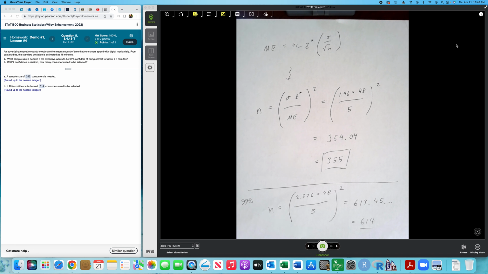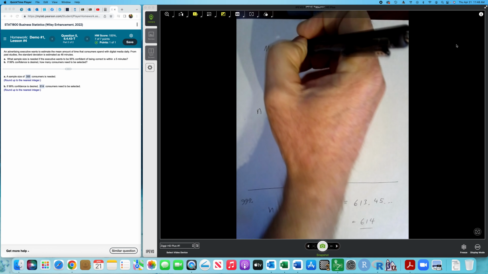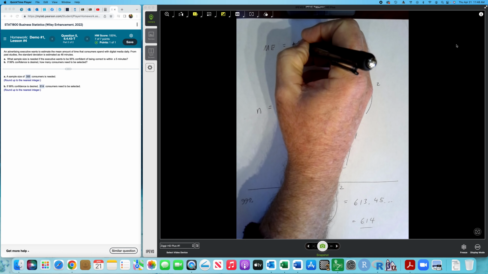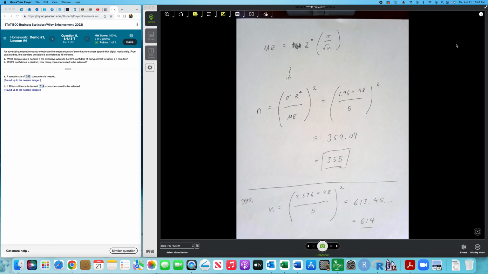All right, so in a previous video, I showed you that we can find the margin of error for a confidence interval for a population mean. The margin of error is equal to the z critical value times the population standard deviation divided by the square root of n.